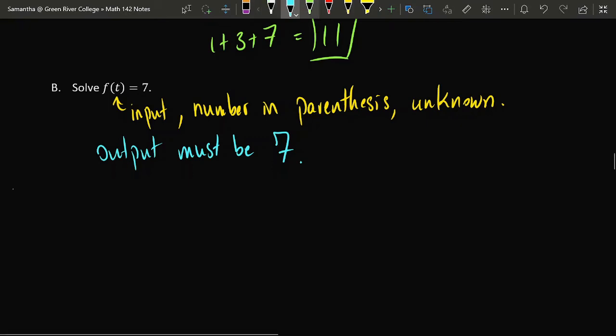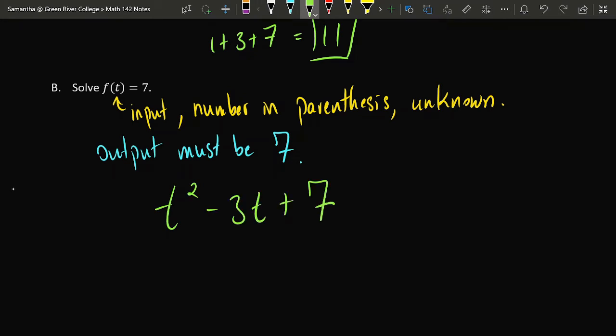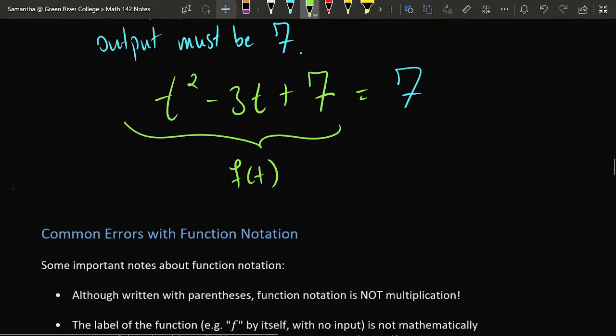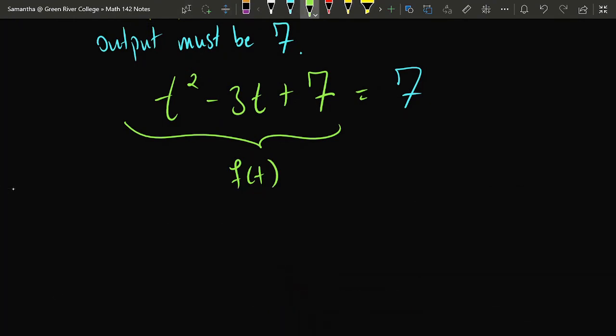So what I'm going to do is take the entire output of the function f of t, and set it to the desired value 7. And I'm going to algebraically determine the values of t that will make this equation true. So, for example, I can subtract 7 from both sides to get a 0 on one side of the equation.